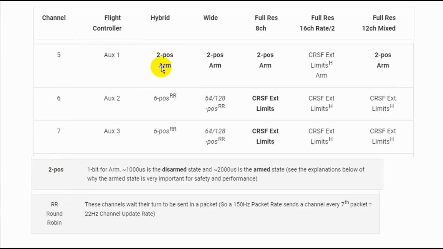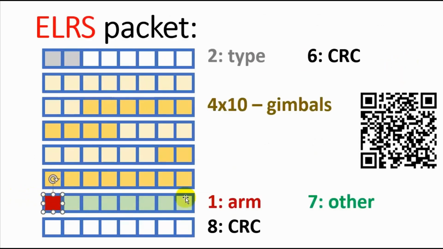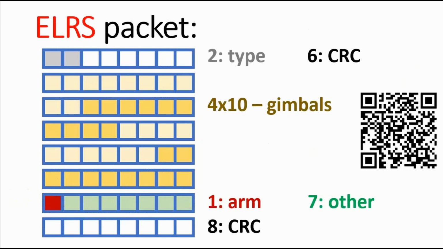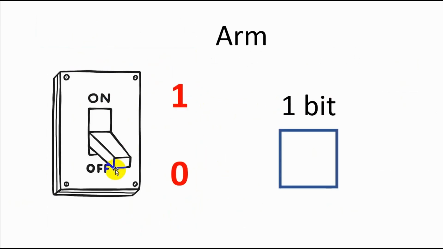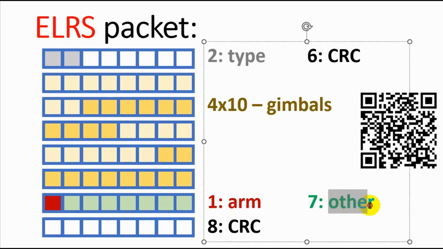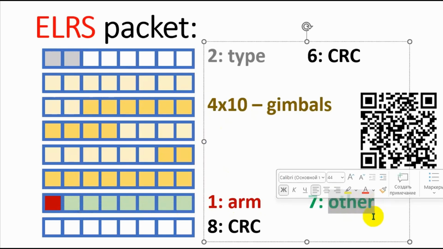This is why we have seen that the AUX1 always has minimum or maximum value, just because we always send it with only 1 bit, so we send it in this way, only on or off. Okay, and the next is 7 bits used for everything else.